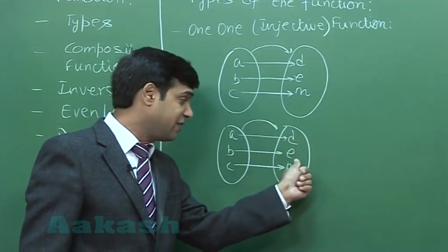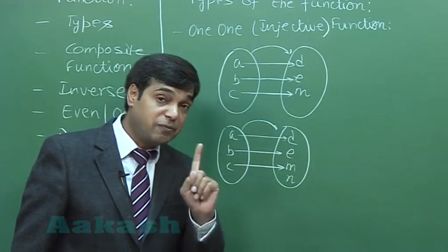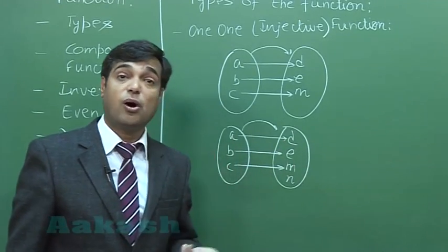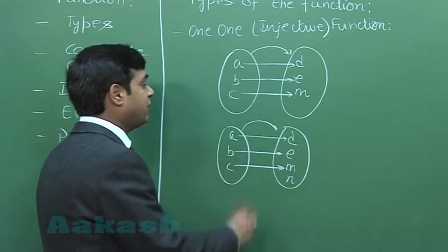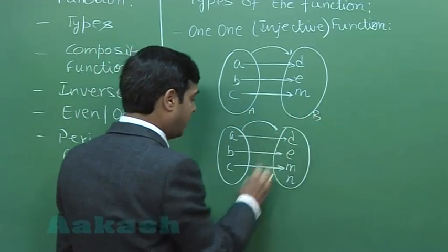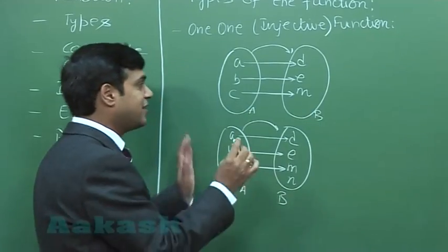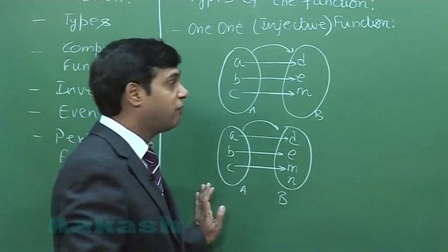But every element which has a pre-image has just one pre-image. It is not 2 or more than 2. So again, this will be one-one function. So these are the two types we can describe for one-one.